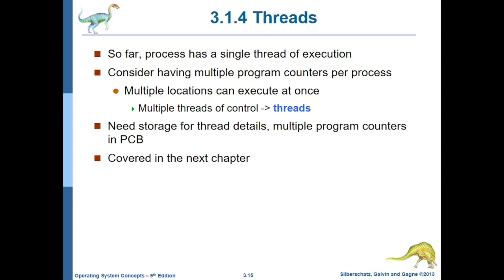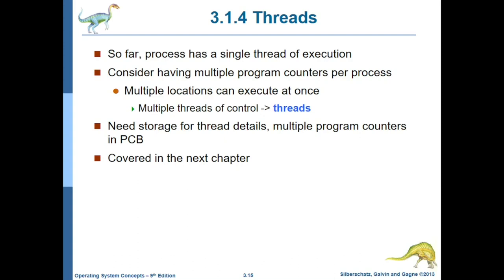This means that there is only one program counter for the whole process and only one location in the program can execute at a time. However, sometimes we may want to have more than one location in the program that can execute at once. For example, we may want to perform some tasks in parallel or handle multiple events or requests concurrently. This is where threads come in.